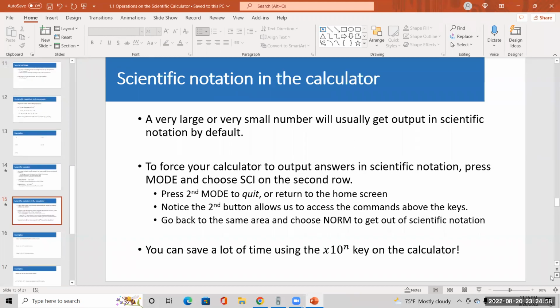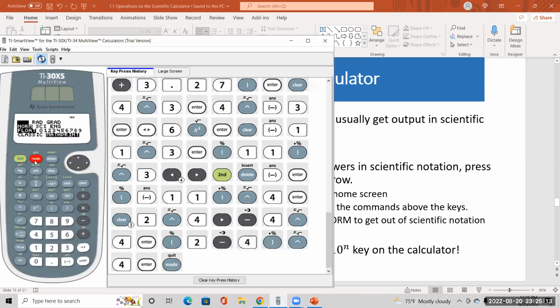Now, in the calculator, it sometimes does us a solid. If it's a really big or really small number, it's going to give it to us in scientific notation no matter what, okay? You can force your calculator to give you answers in scientific notation by going back to this mode option. You see where it says norm in that second line?